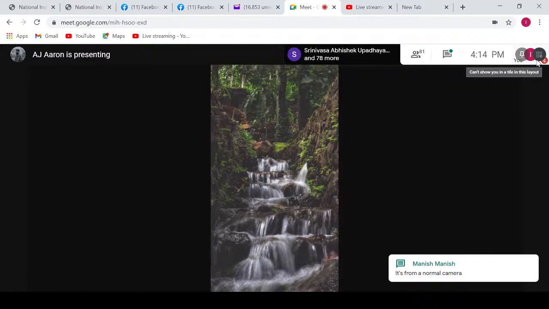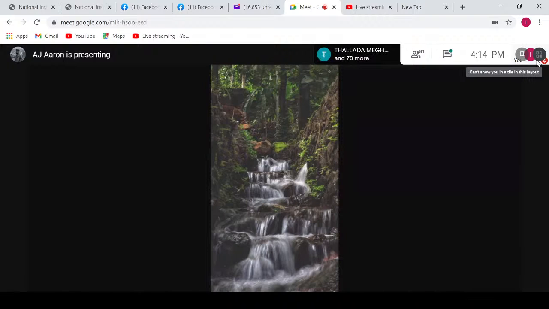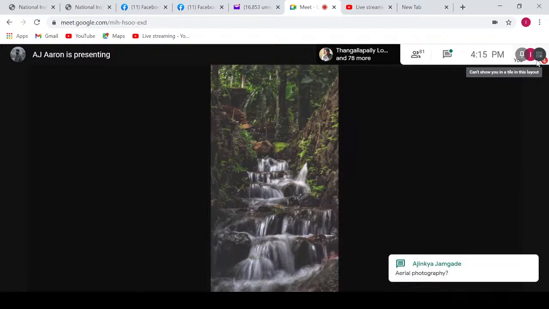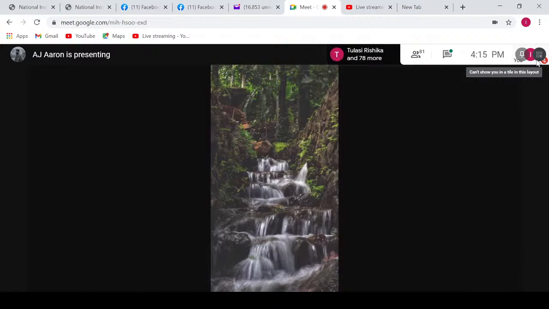Any other scenarios where you can use slow shutter? During nighttime photography, star trails, very interesting. So, like you mentioned, for star trails and astrophotography, long exposure is a great way to do it.